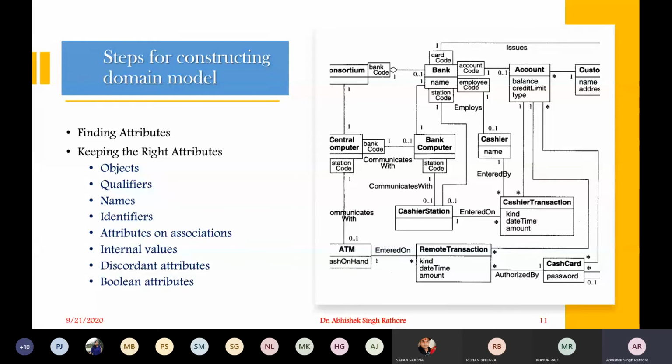When we consider the attribute value, it should not be a particular object. We can have association relationships between two objects, but we don't have relationships between attributes.